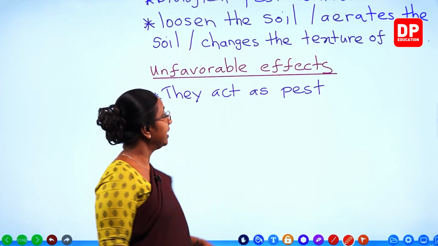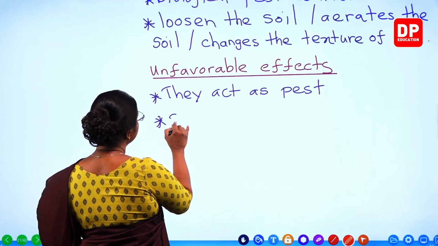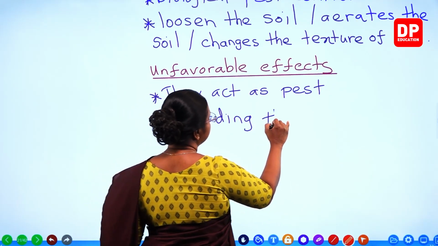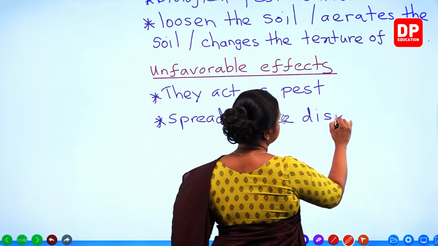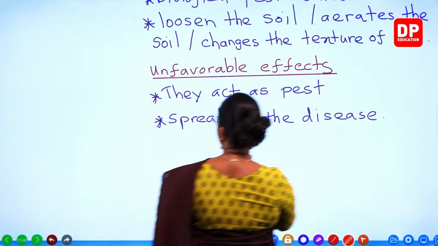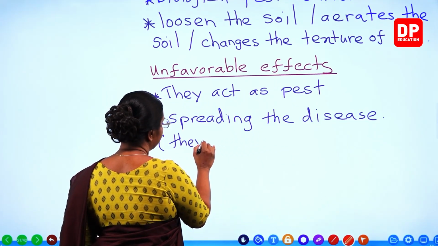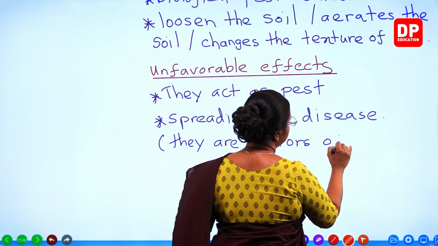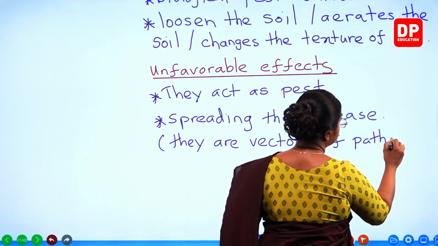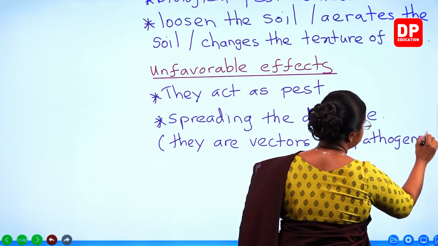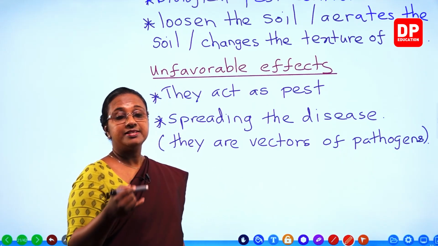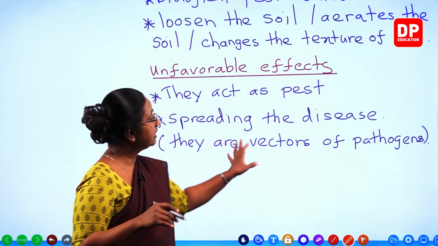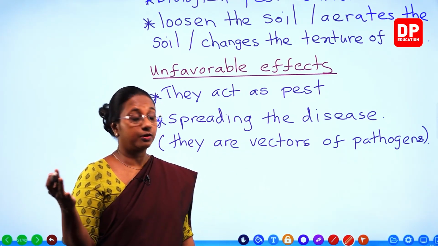So they involve in spreading the disease. So here we can say they are vectors of pathogens. You all know what vectors are. Vectors are organisms that carry the pathogen from one organism to another. So here they can spread the disease among crops.